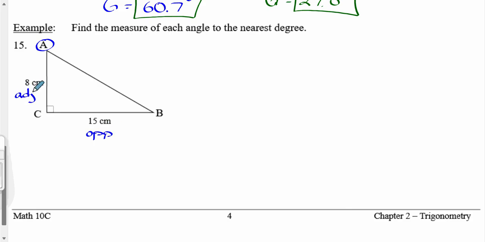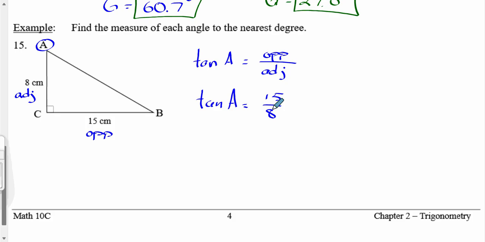Here's my adjacent side. So what I can write down is tangent of A is equal to opposite over adjacent, which means tangent of A is equal to 15 over 8. We don't put the units in typically when we're going to write the ratio like this.